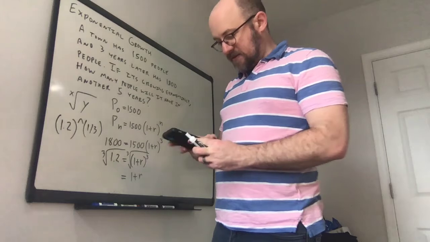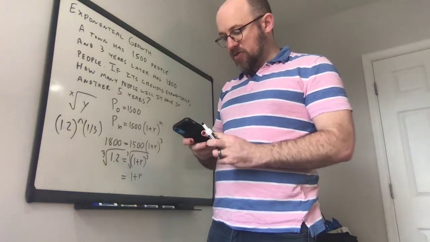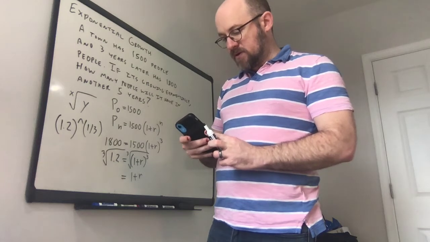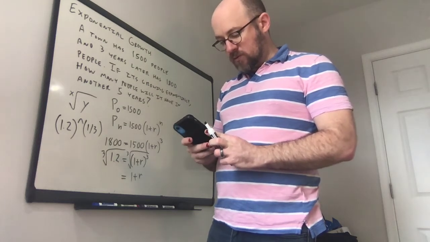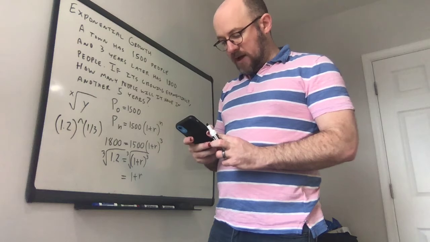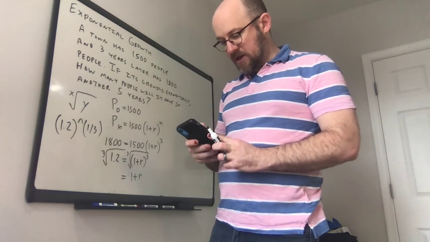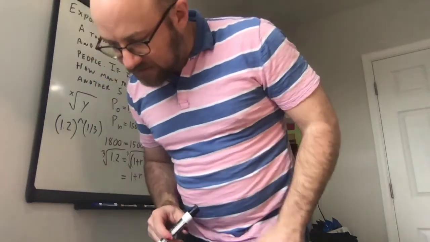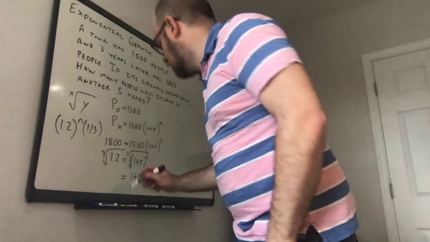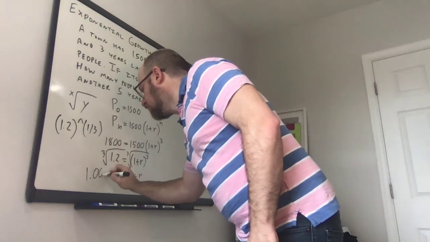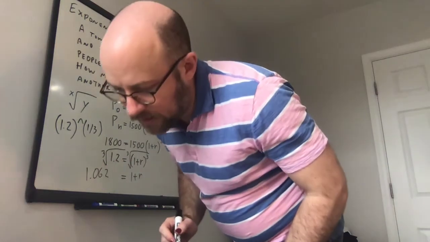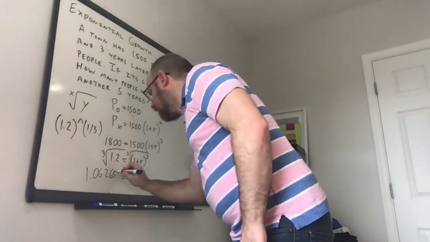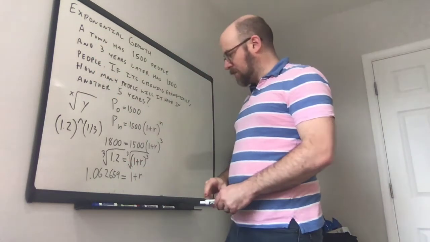So if you do this, the third root of 1.2, so let's do 1.2 to the 1/3 power. So that's how I do it on my calculator. You get 1.062659 equals 1 plus r.